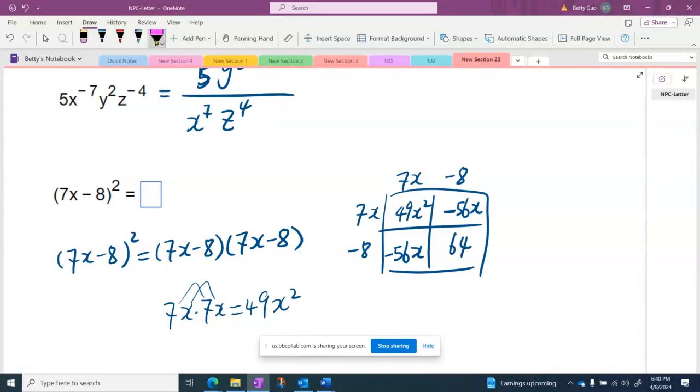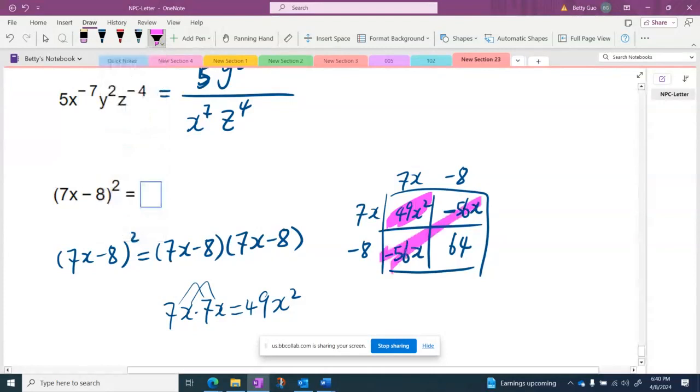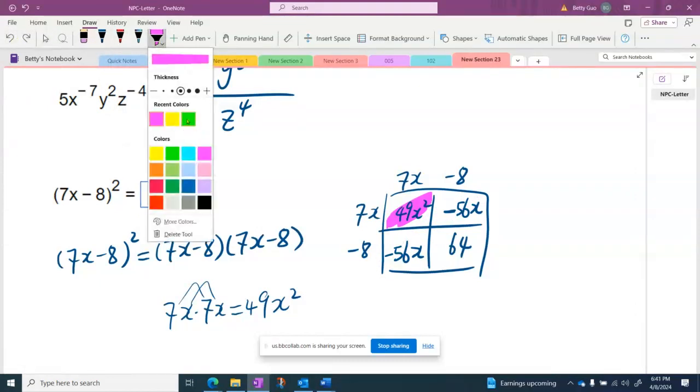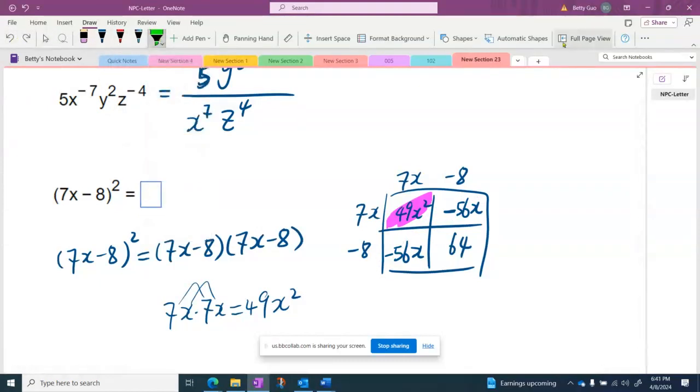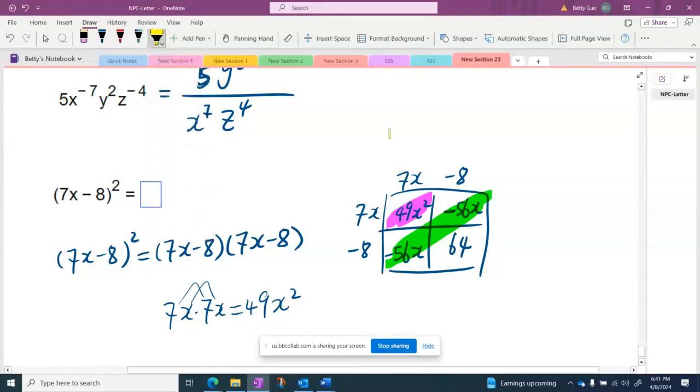And then we have a color scheme, remember, like a diagonal pattern. That is pink. This is green. The color doesn't change, it's green. Diagonal, and this I'm going to use, how about yellow?